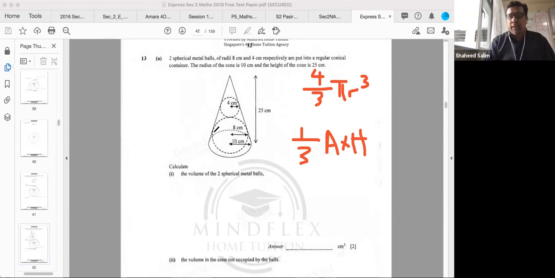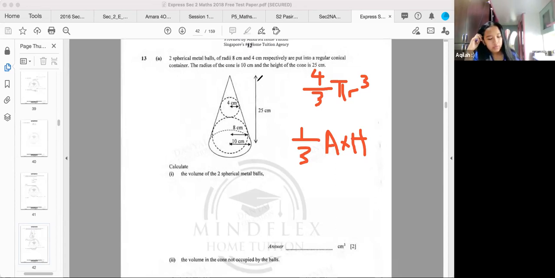This is the base area here times the height. This is the height. 205.3. Well done.